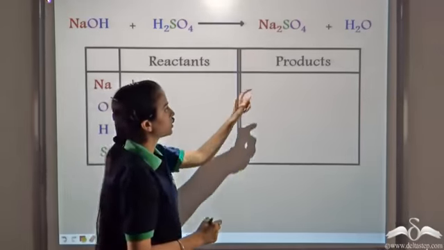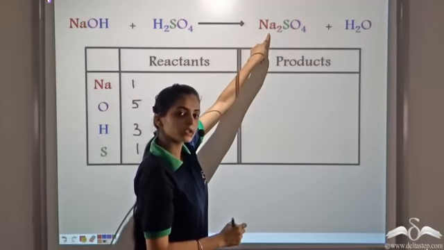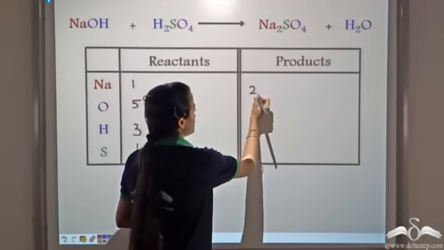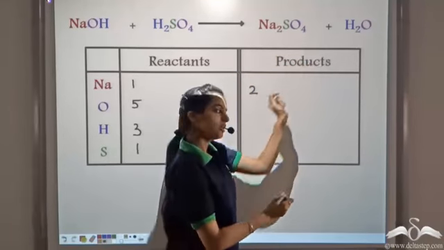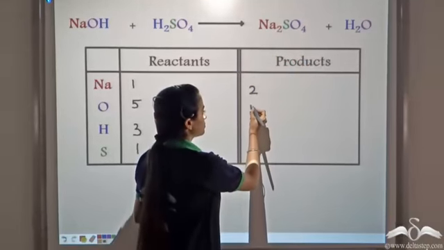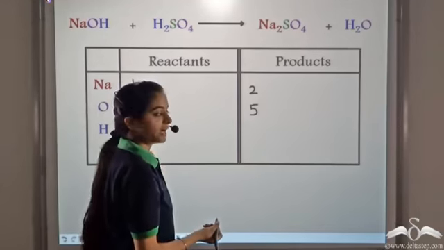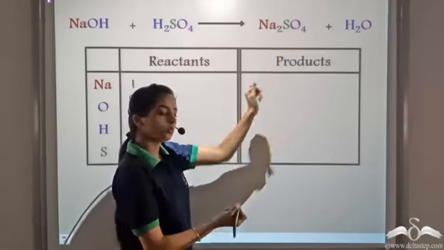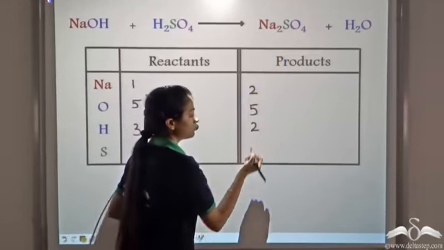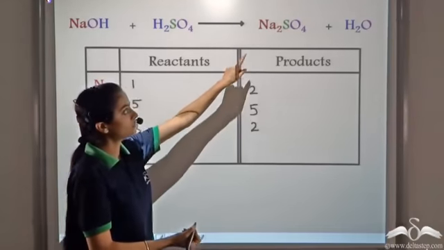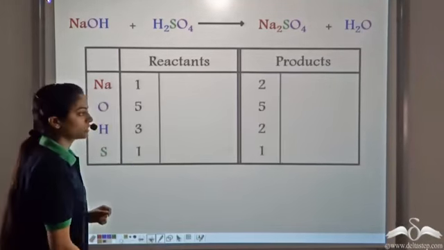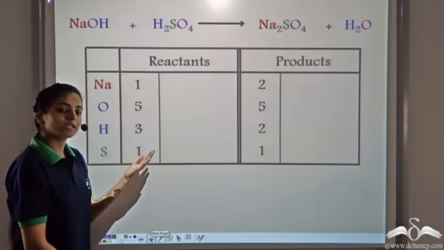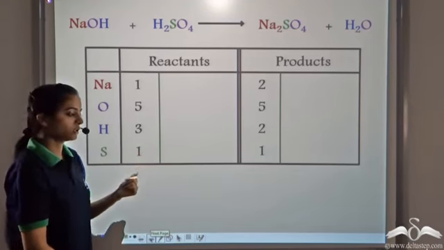Similarly, on our product side, we have 2 atoms of sodium. Then we have oxygen. We have 4 plus 1, 5 atoms of oxygen. Then we have hydrogen. So we have 2 into 1, 2 atoms of hydrogen. And then we have sulfur. There is only 1 atom. So these are the different numbers of atoms present on both the reactant and the product side.